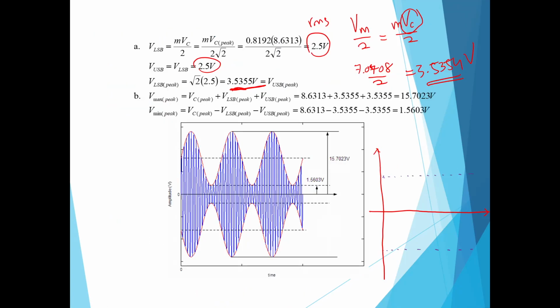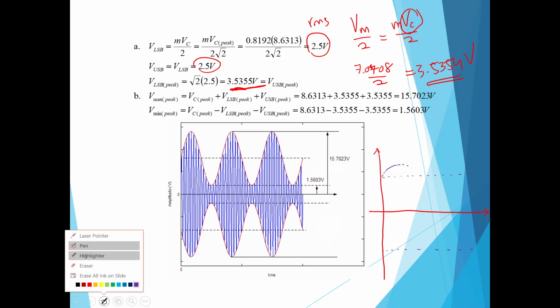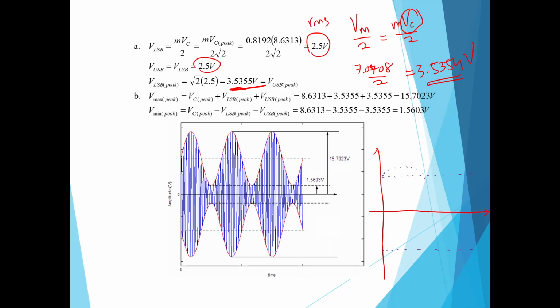And then I draw the imaginary line of the AM waveform. This is just the imaginary line, and then I can draw the AM wave.